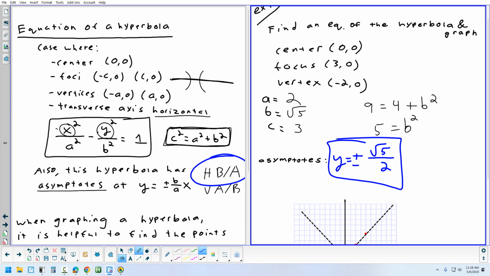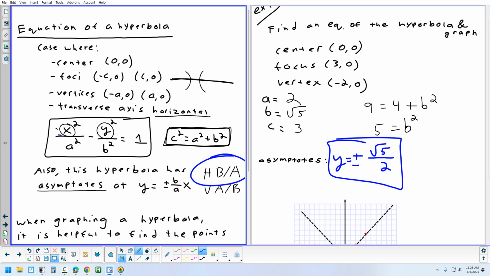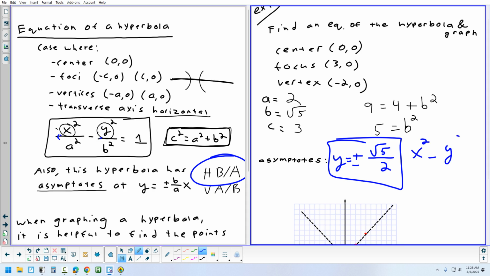But now I want to write the equation. All right, transverse axis is horizontal. That means make the x positive, make the y negative. So follow this pattern. So x squared minus y squared goes in the top. That's equal to 1. Denominators.